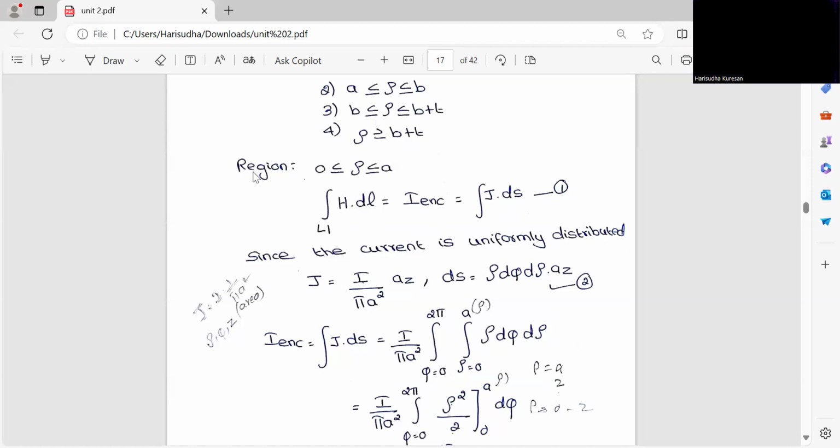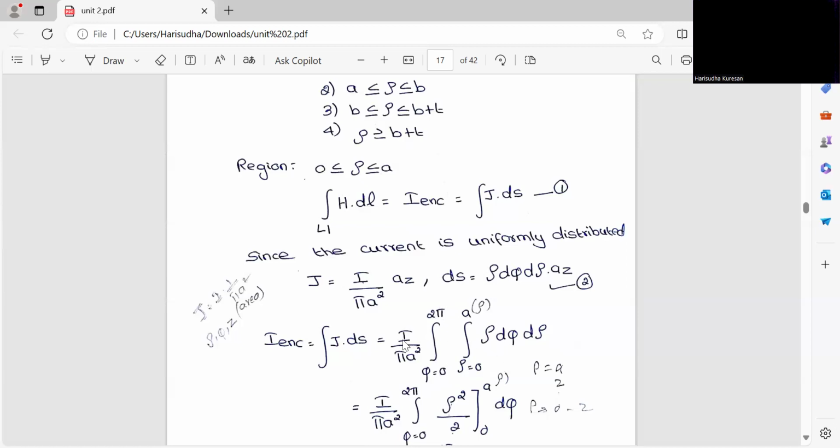Since we have taken the first region where rho lies between 0 to a, the limits for phi will be 0 to 2 pi, and for rho will be 0 to a.